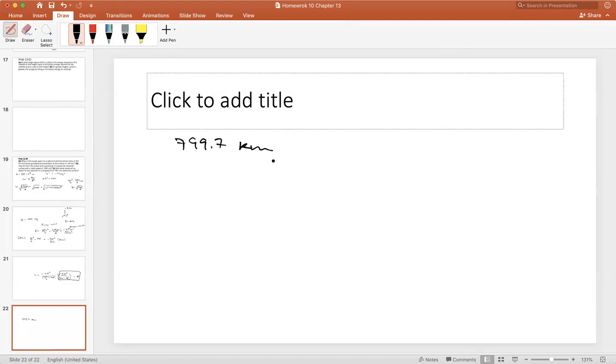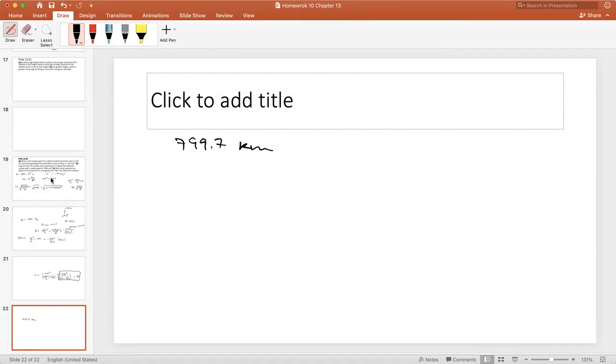And you might start thinking, oh, I need to do some constant acceleration. Can you do constant acceleration? No. The acceleration is not constant. It varies based on the radius. So we can use energy, though, and we can basically undo what we did in part B.